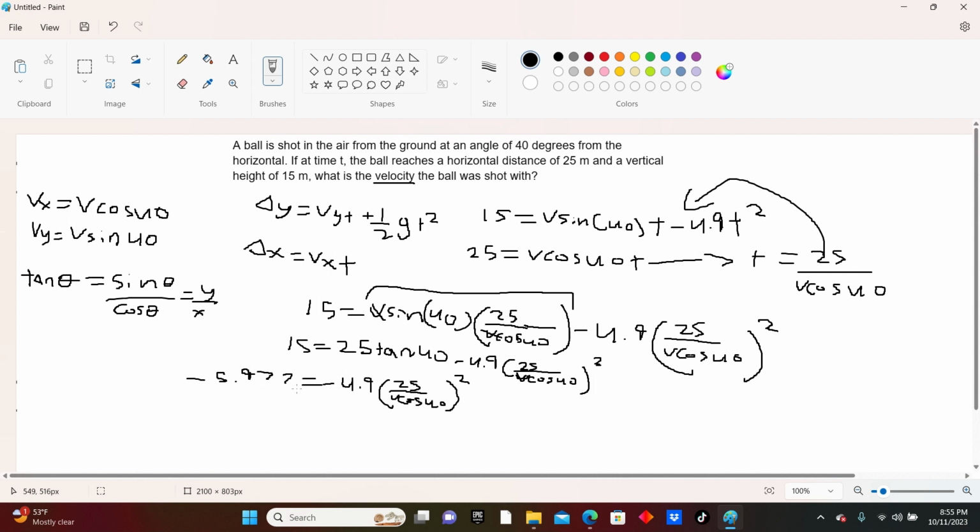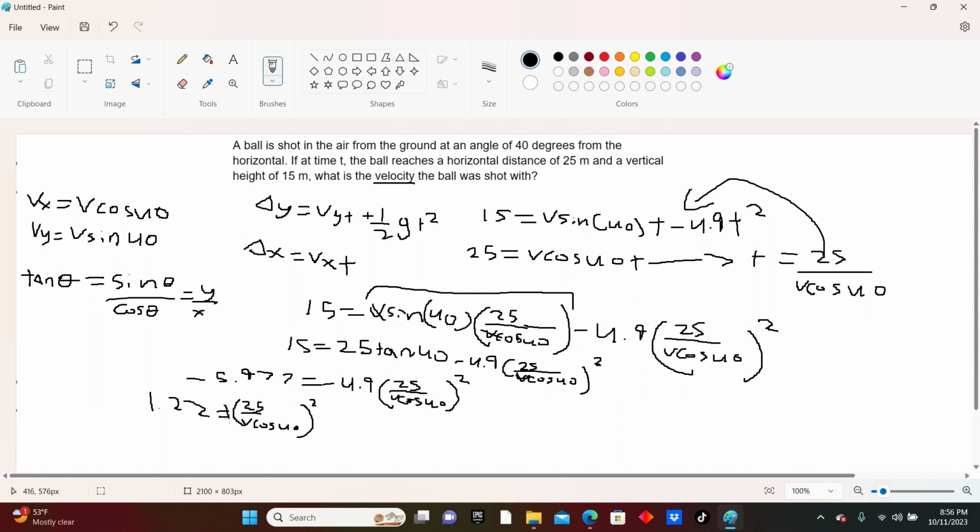So we get 5.977 divided by 4.9. The negatives just cancel out, and that equals 1.21, or 1.22 if we round. 1.22 equals 25 by v cosine 40, and all of this squared.